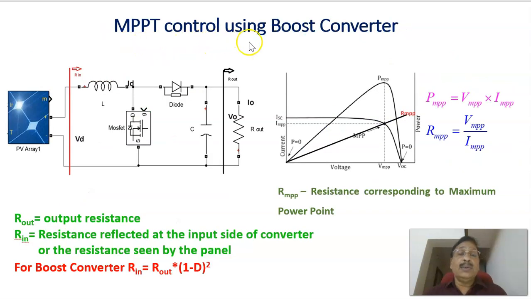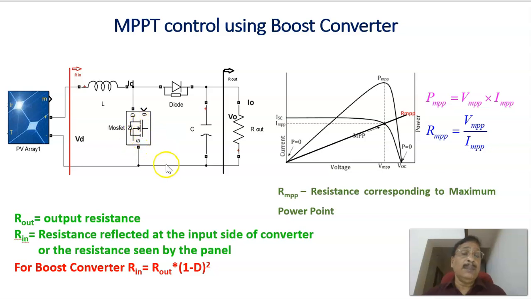Continuing the MPPT control using the boost converter. This is a solar panel, and this is a boost converter: inductor, MOSFET, diode, and a capacitor. This makes a boost converter, and this is the load resistance. As we have seen here, the resistance looking at the input side of the converter is related to this output resistance into (1 minus D) whole square, where D is the duty ratio of the switch.